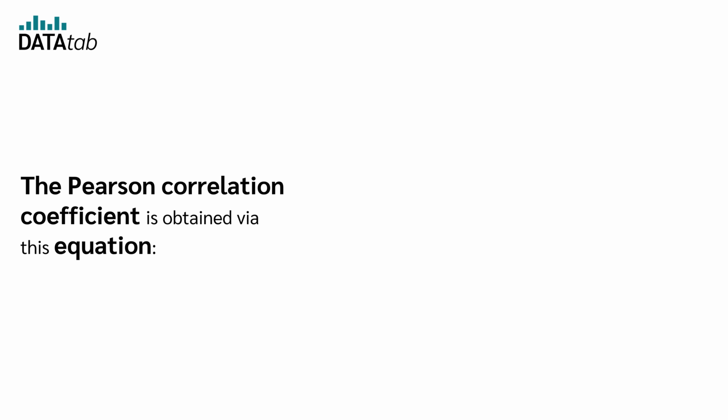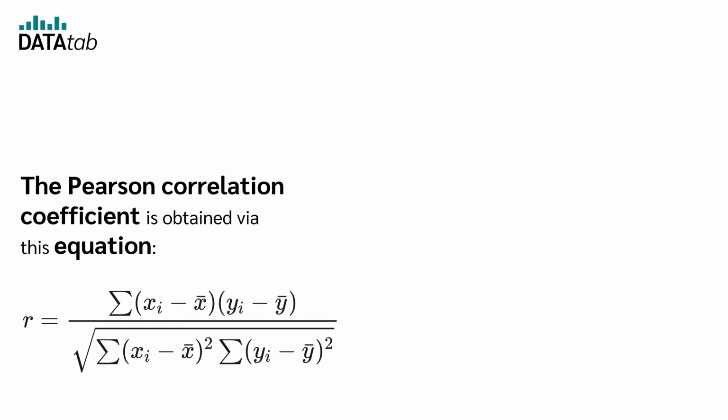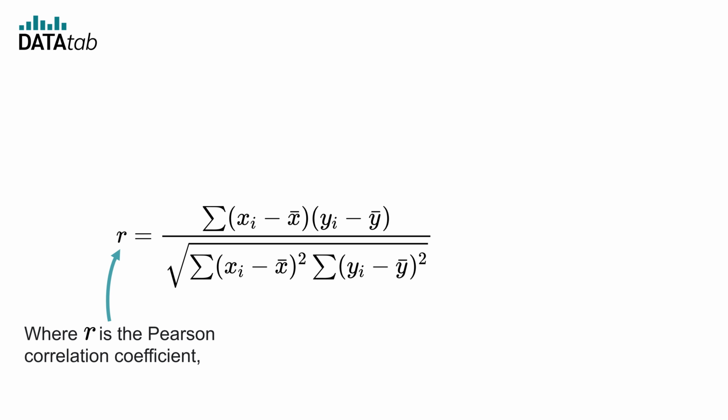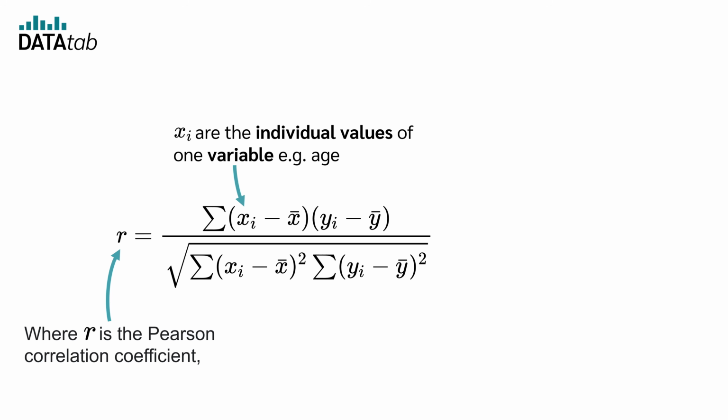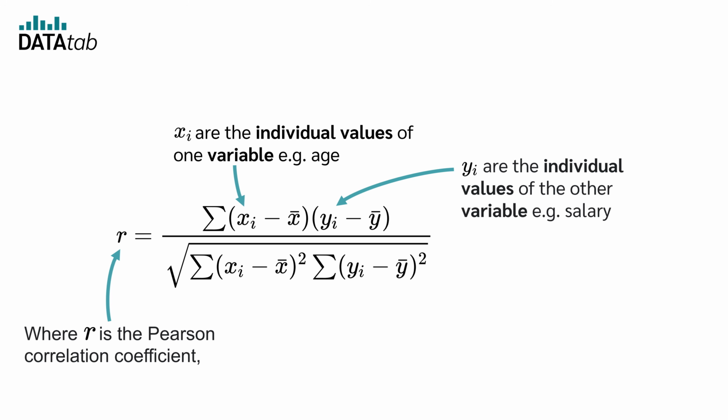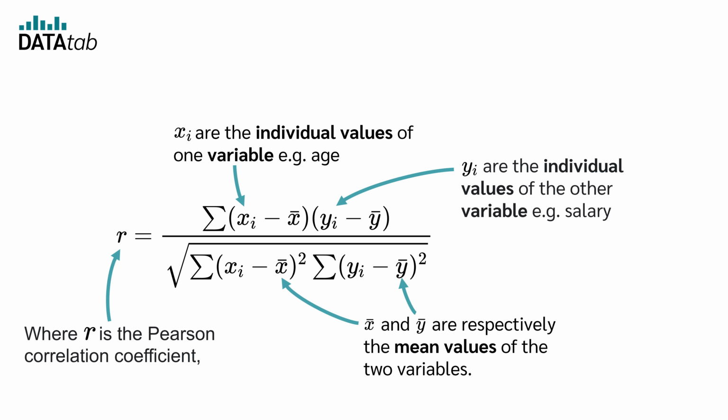The Pearson correlation coefficient is obtained via this equation, where R is the Pearson correlation coefficient, xi are the individual values of one variable, for example age, yi are the individual values of the other variable, for example salary, x dash and y dash are respectively the mean values of the two variables.